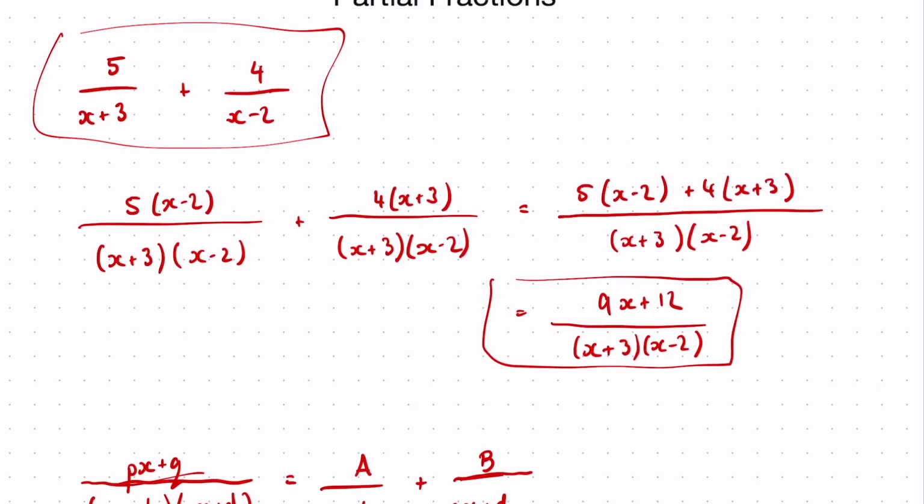We ended up with a combined x plus 3, x minus 2, whereas we started with x plus 3 and x minus 2 separately.